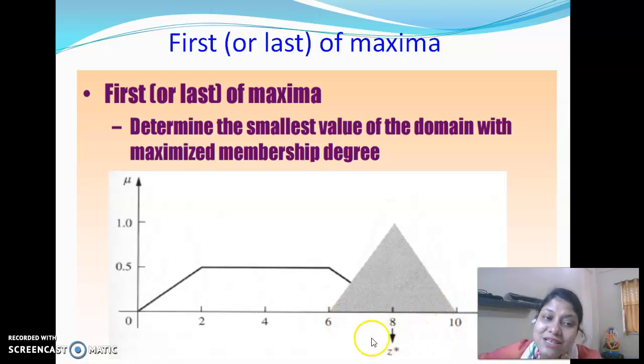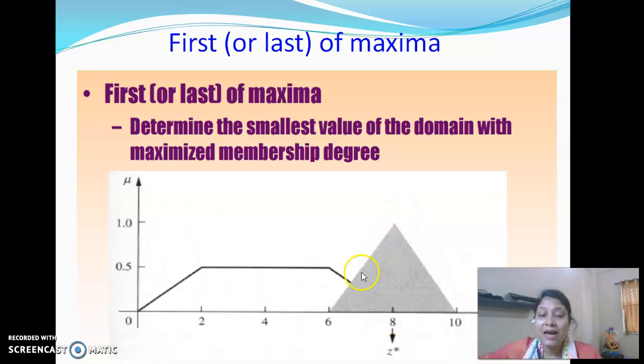So there is a first or last of maxima. If you have these two values, first or last of maxima, that is the maximum point, then you can determine the centroid.